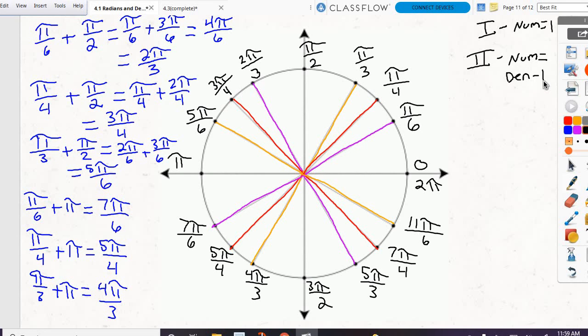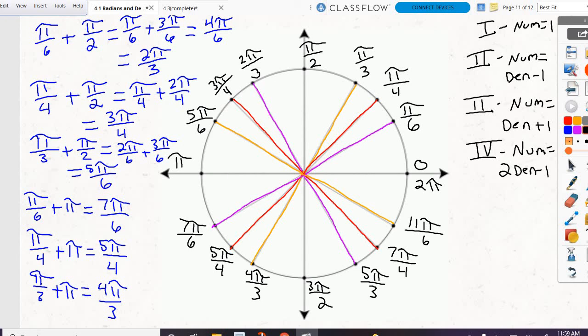Agreed? And in our third quadrant, our numerator is the denominator plus 1. And in our fourth, the denominator times 2 minus 1. Agreed. Does that kind of make sense?